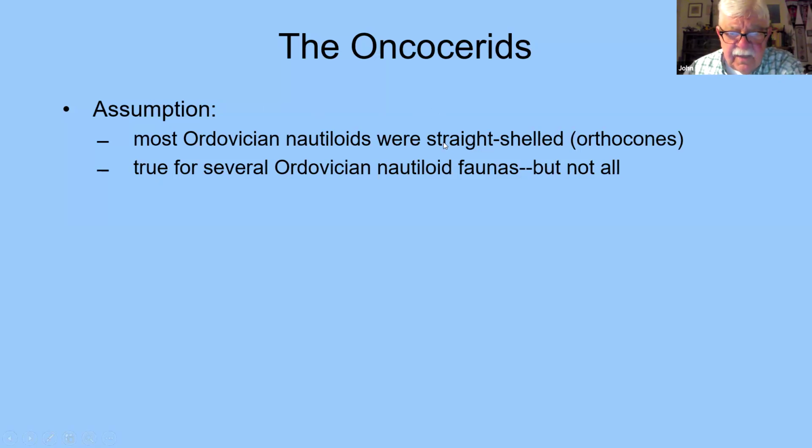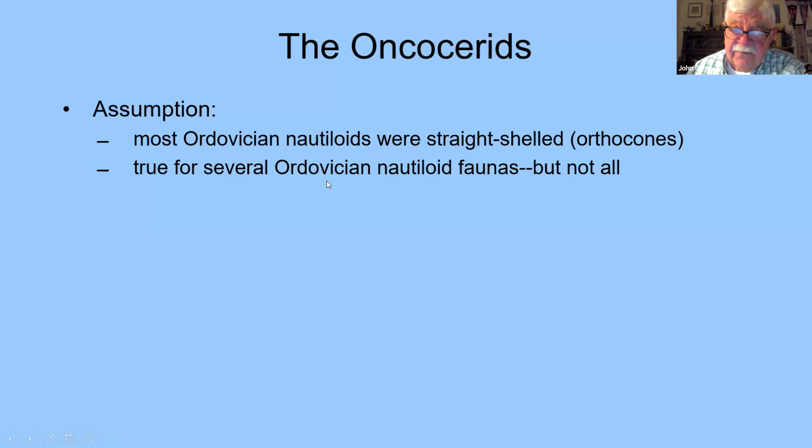Now, if you go over to Cincinnati, yes, you're going to find straight-shelled, large endoceroids, siphuncles of endoceroids, Treptoceras duseri, which is a common nautiloid. In fact, there's a layer of the shale in there called the Treptoceras duseri shale that Bob Frey wrote his doctoral thesis on. And yes, but not entirely all, most are.